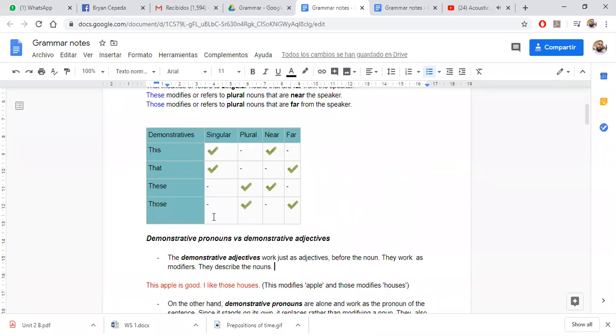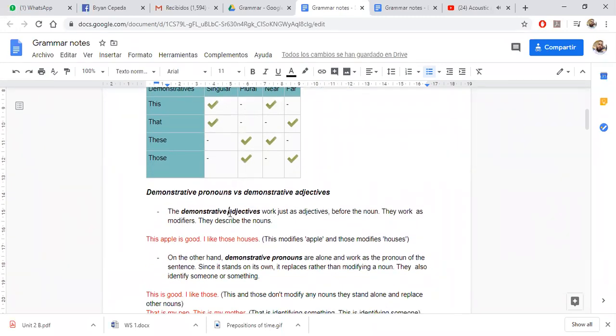So these four demonstratives can work as adjectives, okay? They can work as adjectives and they can work as pronouns. So you have, for example, this apple is good. In this phrase, the adjective is this.